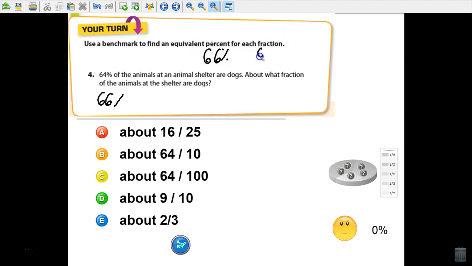So 66 over 100. 66 to 100 is about 2/3. It's going to be E.